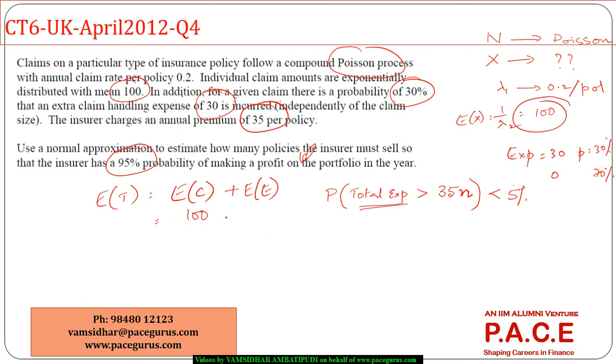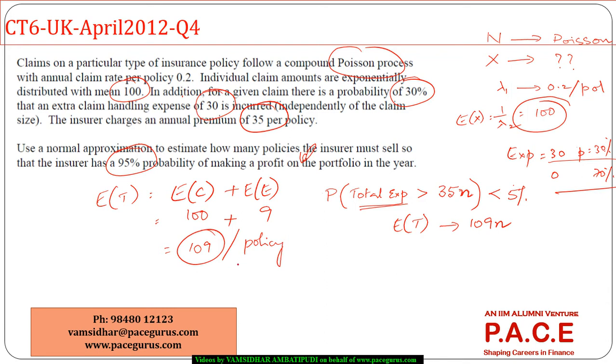For the expected expense, there is a 30% chance that the expense is 30 and a 70% chance that it is 0. So 30% of 30 is 9. So the expected total claim is 109 per policy. Because I am talking about n policies, the expected total claim for n policies is 109n.